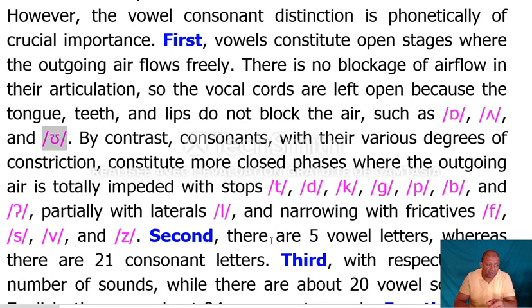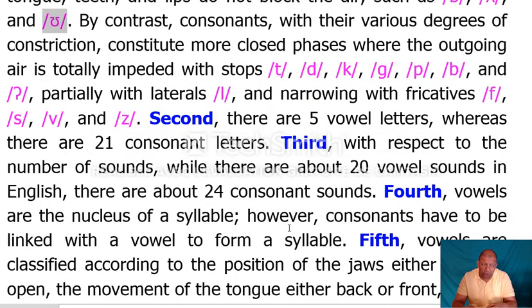Second, when we speak about vowel letters, we have 5. You know them. But when we speak about consonant letters, we have 21.